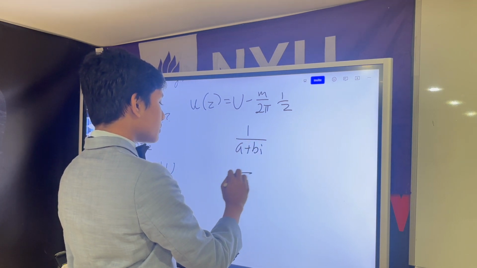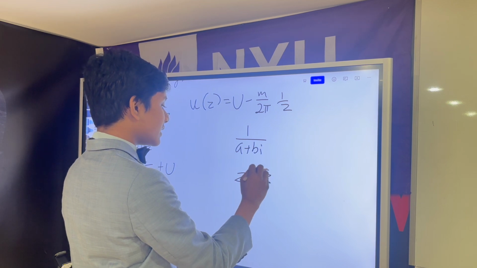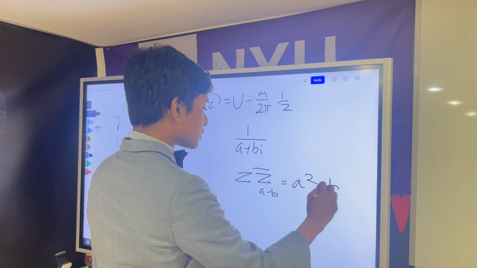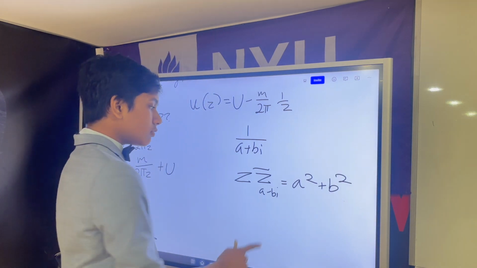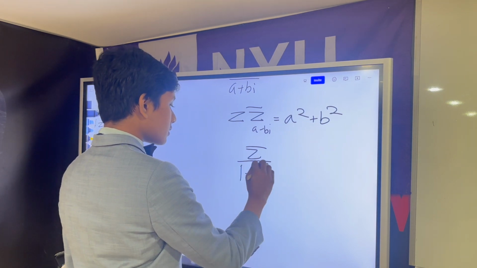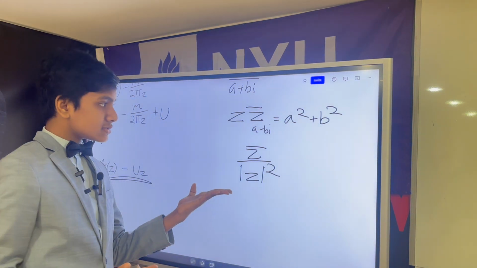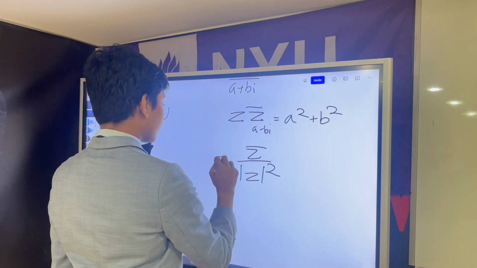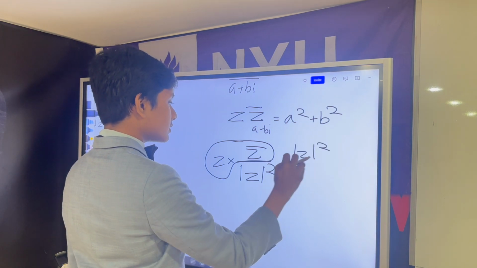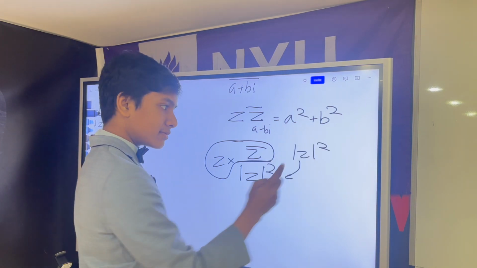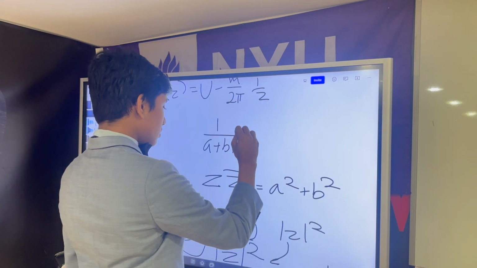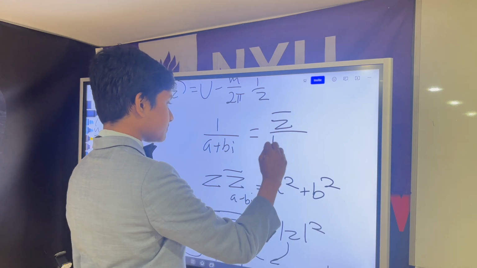It's well known that multiplying a complex number by its conjugate, which is a minus bi, will give you a totally real number. So, this should just be the inverse. Why? Well, if you multiply z by this, first this just gives you the modulus squared, and then this cancels it out, making it 1. So that means this is equal to this.